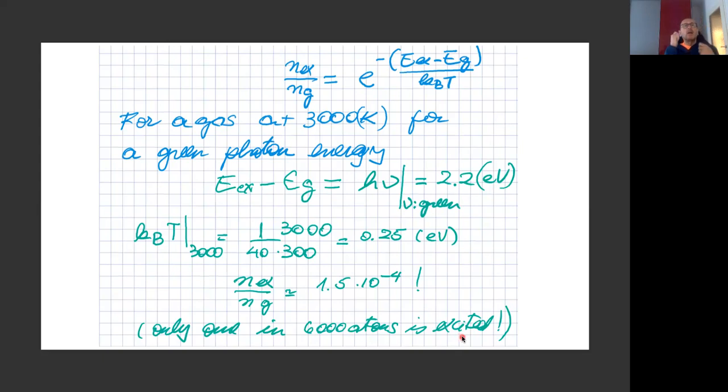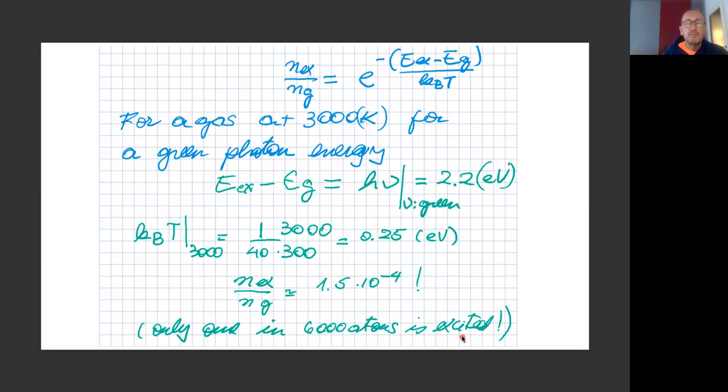So now I'm sending in a photon that has exactly the right energy to excite one atom from the ground state to the upper level, or actually induce a transition from the excited state to the ground state, because it has exactly the same energy. So it could actually be absorbed too.